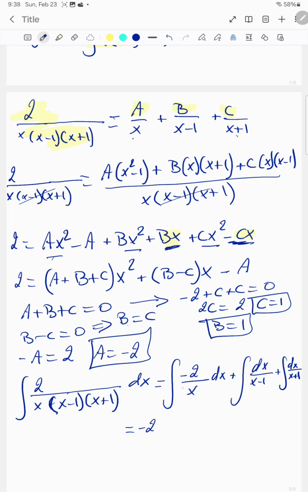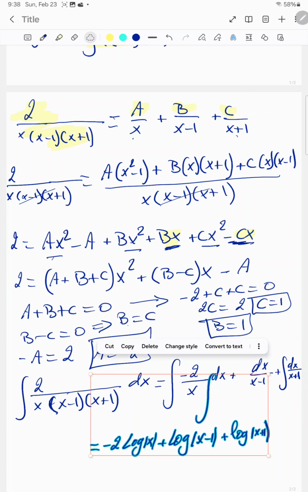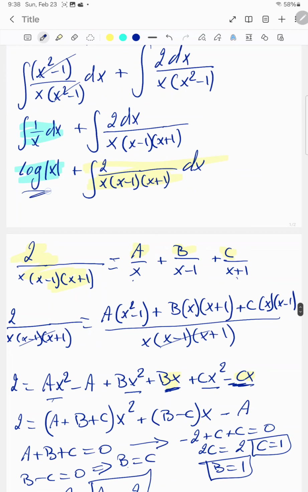It becomes minus 2, and the integral of 1 divided by x dx is log of absolute value of x, plus log of absolute value x minus 1, plus log of absolute value of x plus 1. And plus c, but I have to add this log x here.